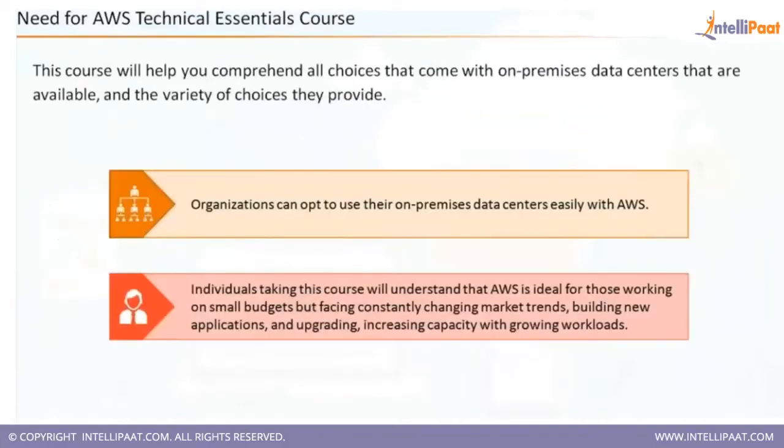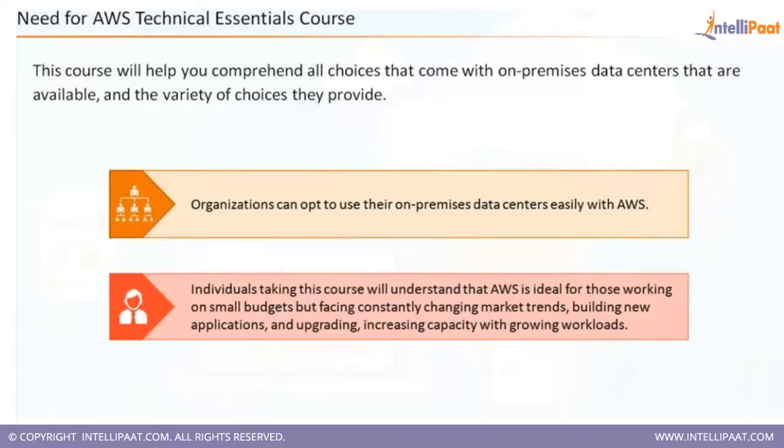You have heard about why organizations nowadays are opting for AWS in comparison with the on-premises data center. Still, there are a few organizations which opt for the on-premises data center only for data security, like banks.